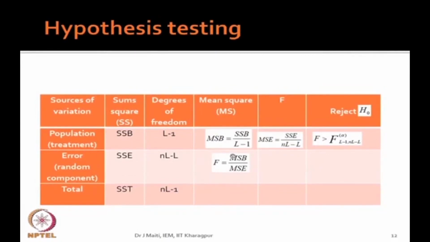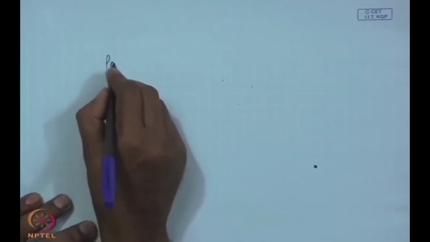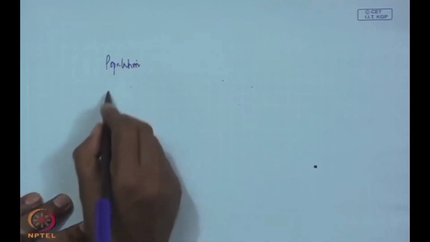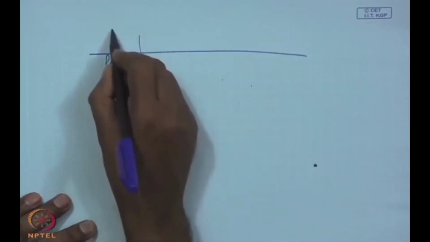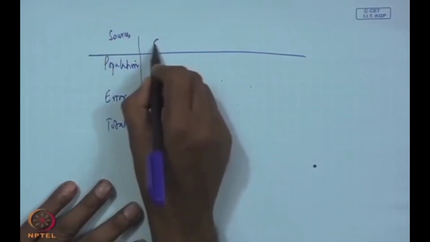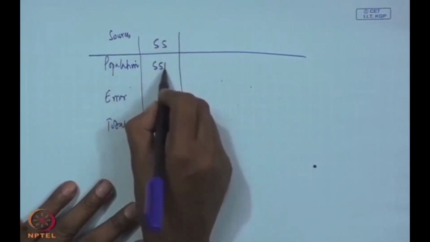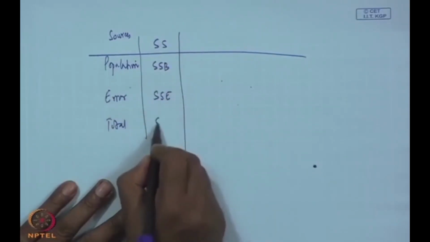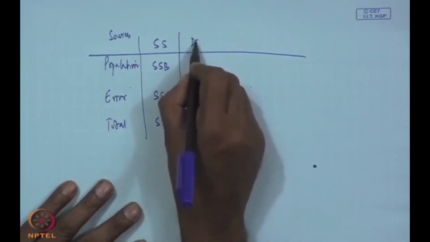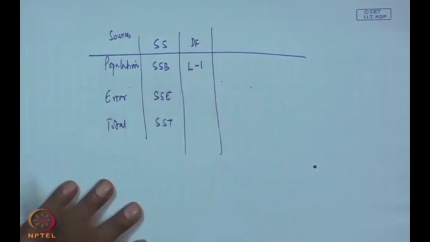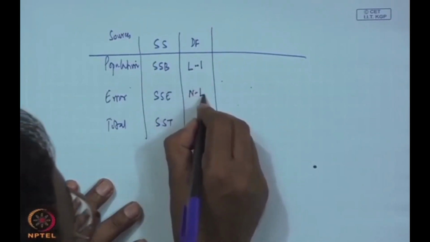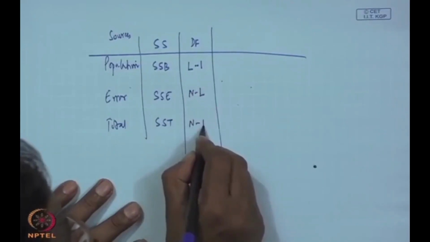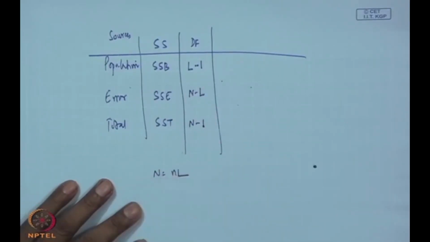So, I am writing again what will happen here: population, then error, then total. These are the sources of variation. We are computing the sum of squares, that is sum of squares between populations, sum of squares error and sum of squares total. What is our degrees of freedom? It will be L minus 1, N minus L and N minus 1, where N is nothing but capital L into small n.